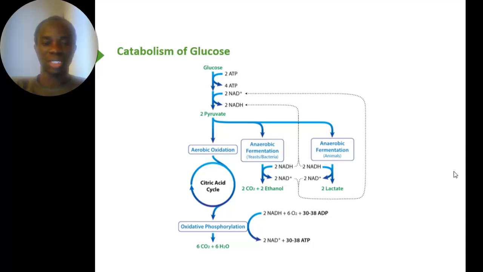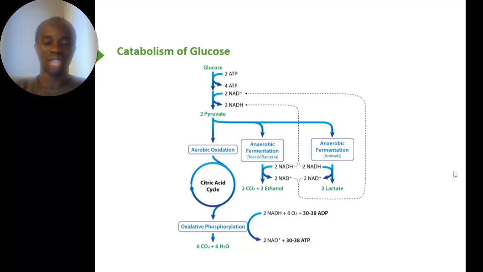Now, the next step in the process of glucose catabolism depends on whether oxygen is present or not. If oxygen is present, then pyruvate enters into another stage, which is referred to as the citric acid cycle. And that's where you have aerobic oxidation.